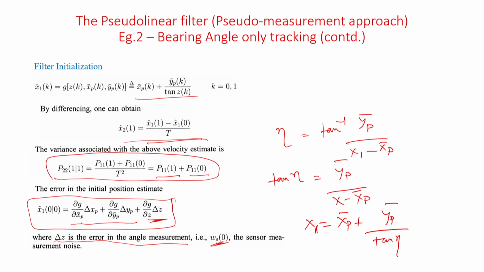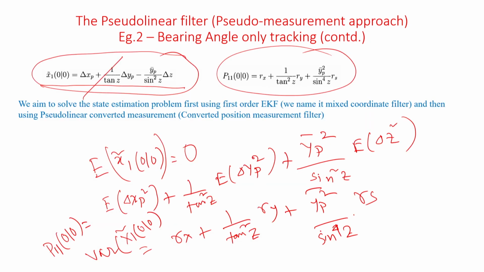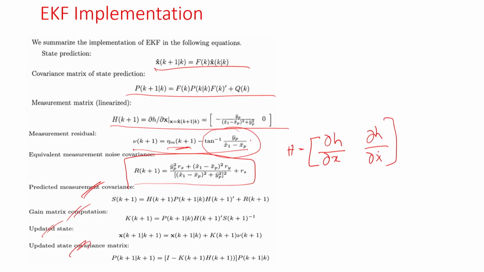Again xp is changing, yp is changing, so this g function will be totally changing, and delta z is anyway a changing quantity itself. That is why I have calculated this and P0 like this, and I have implemented my EKF.